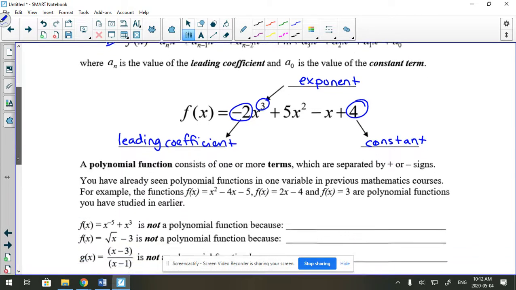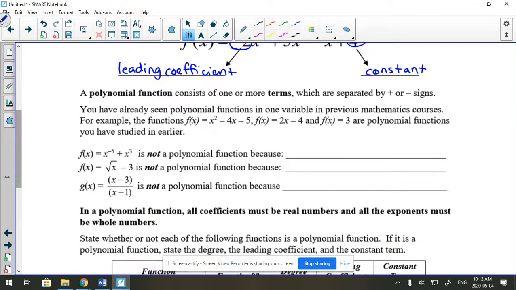Okay, and for a polynomial function, you have to be able to identify if it is a polynomial function or not. Some things to keep in mind if you look right here. This one is not a polynomial function because it has a negative exponent. So if you ever have a negative exponent, or in other words, a variable in the denominator of a fraction, you don't consider it a polynomial function.